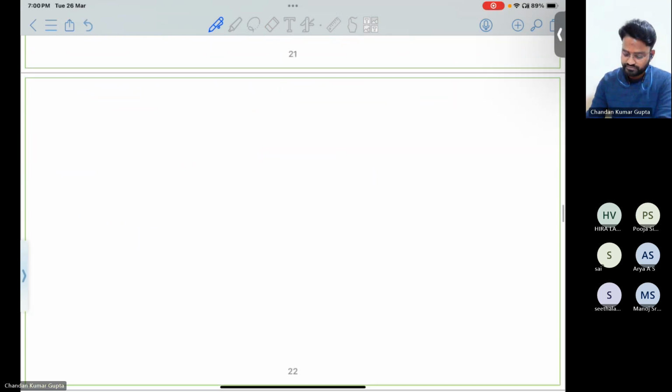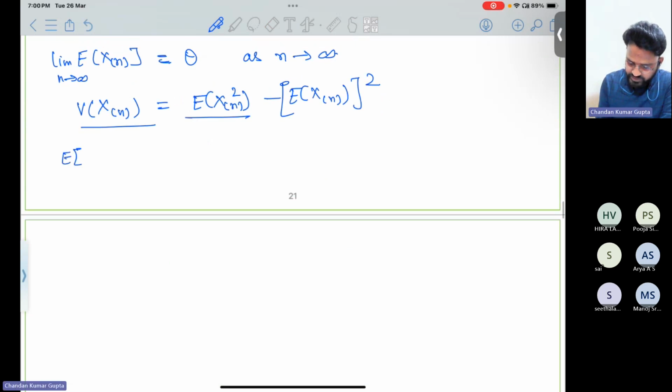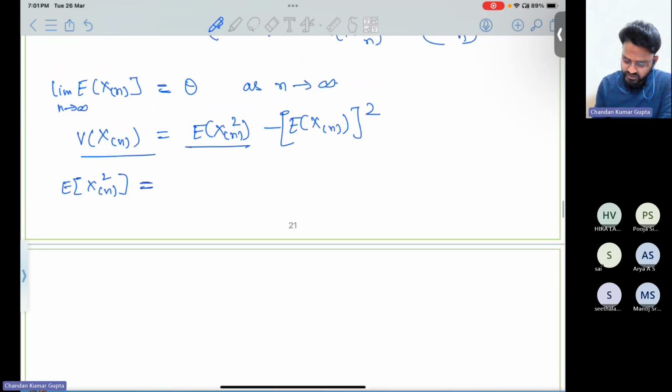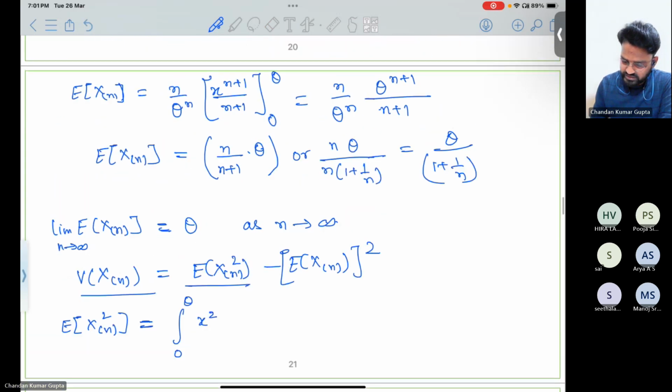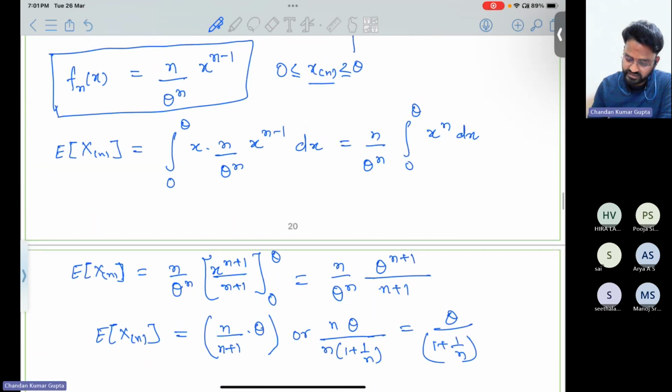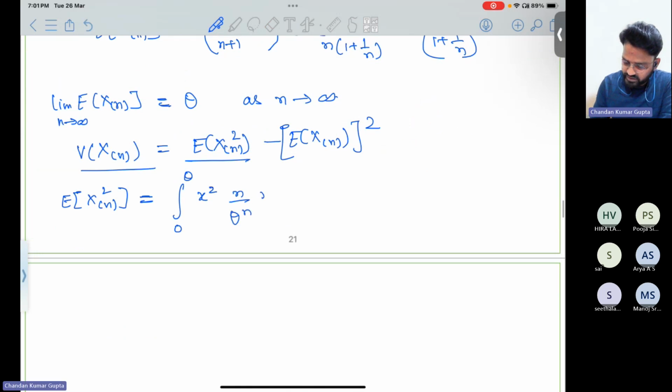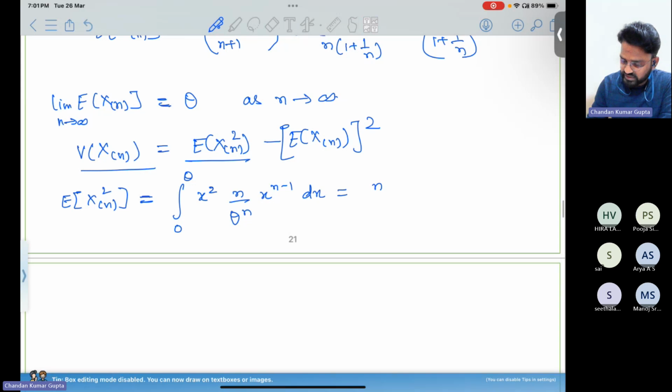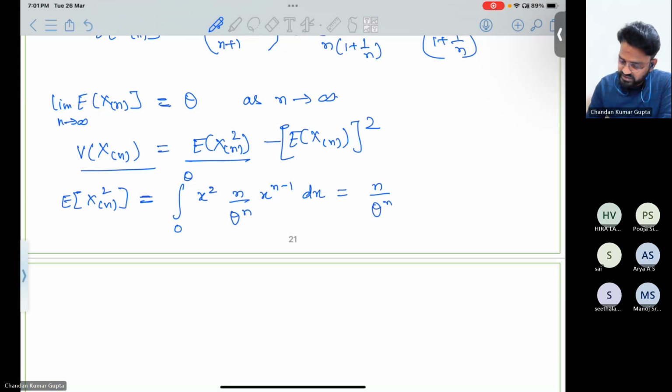So the expected value of Xn square equals, again, the integral from 0 to theta of x square times n upon theta to the power n, x to the power n minus 1 dx, which is n upon theta to the power n, integral from 0 to theta of x to the power n plus 1 dx.